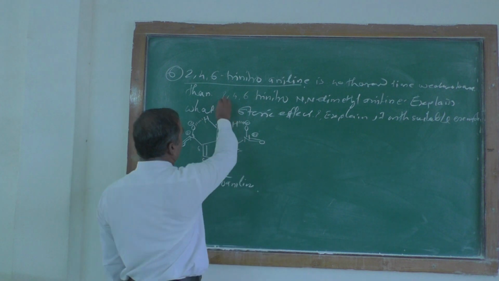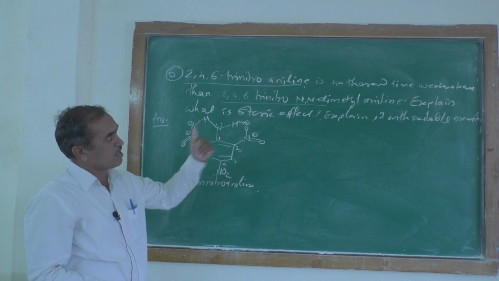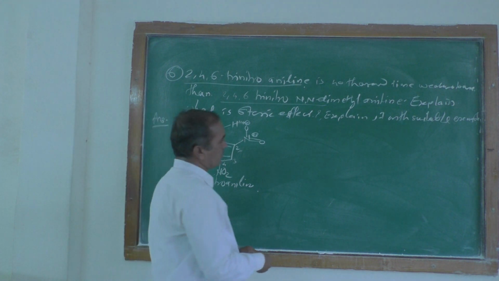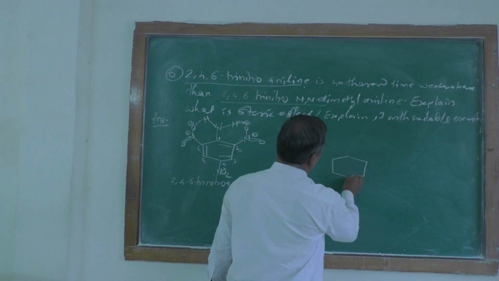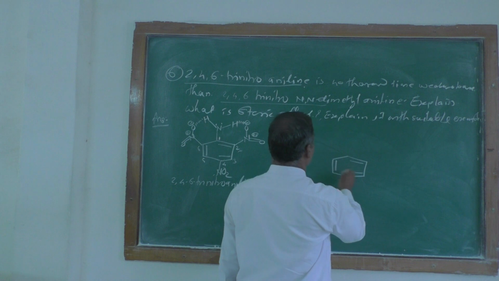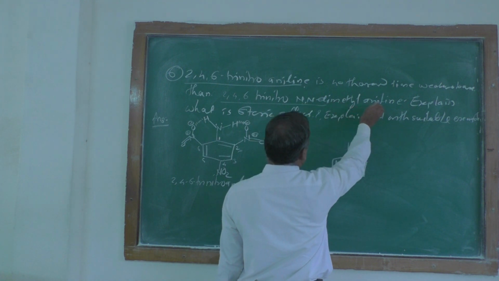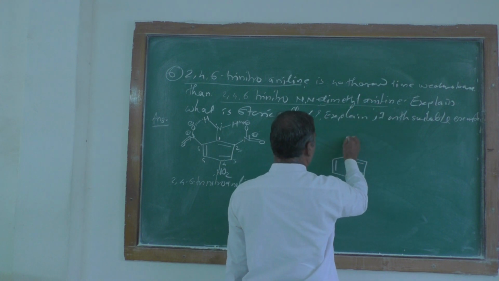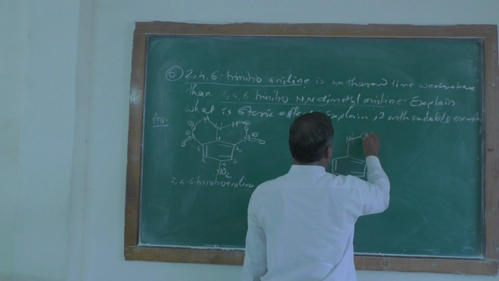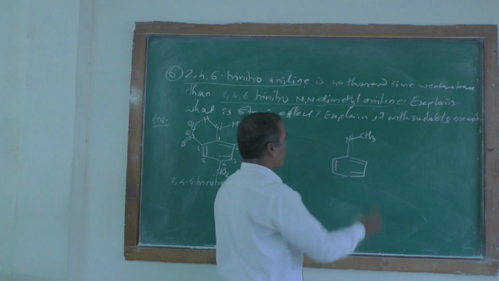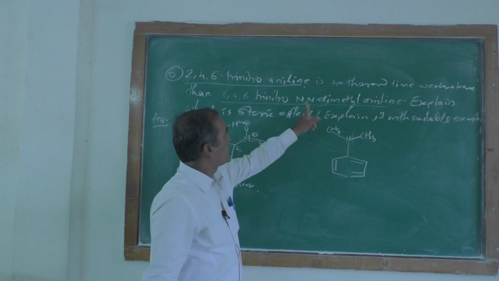Now let us look at the structure of 2,4,6-trinitro-N,N-dimethylaniline. What will be the structure of that? This is the structure of benzene. Now one of the hydrogen atoms is replaced in N,N-dimethylaniline. We know that this is a nitrogen atom, and both the hydrogens of that nitrogen get replaced by methyl groups, and therefore this is the structure of N,N-dimethylaniline.